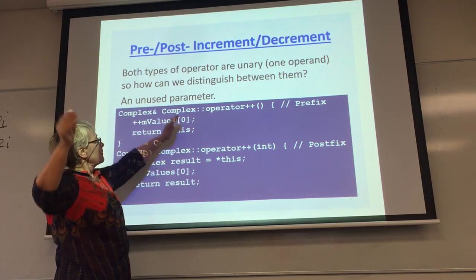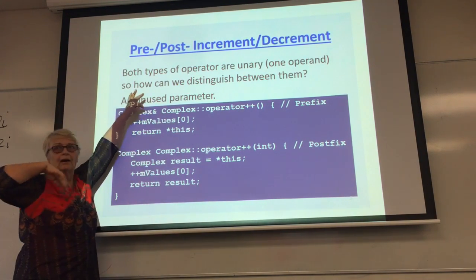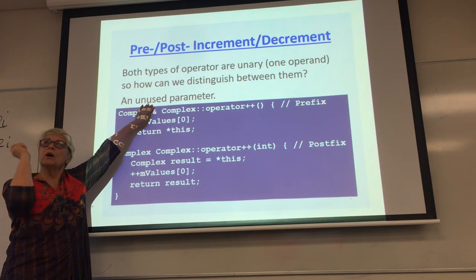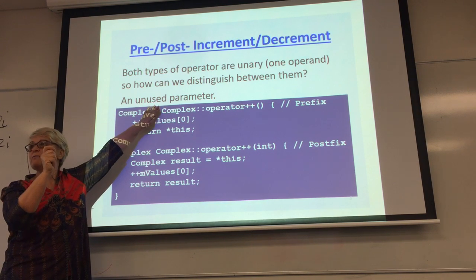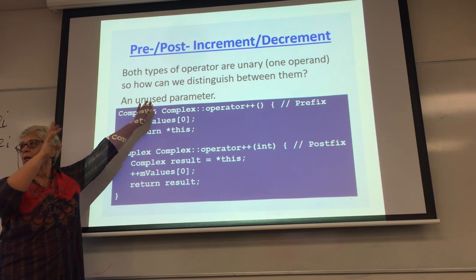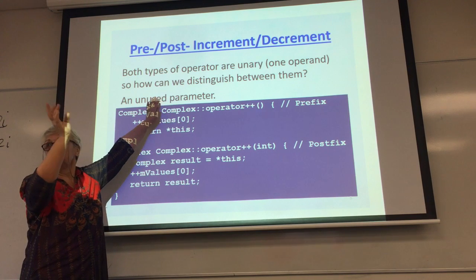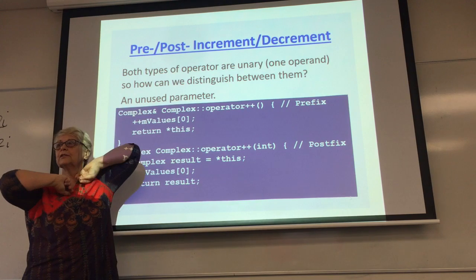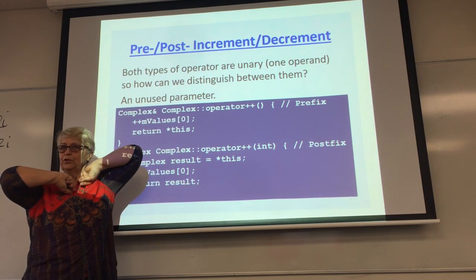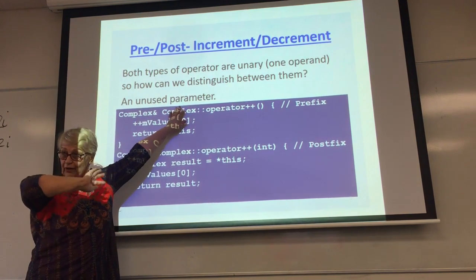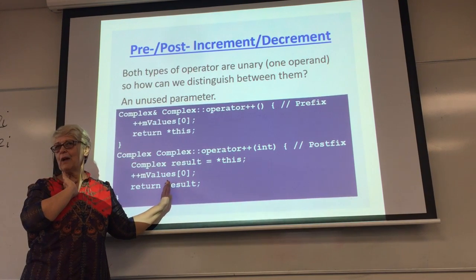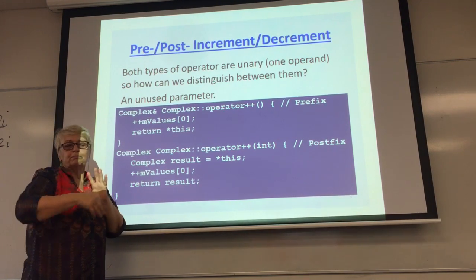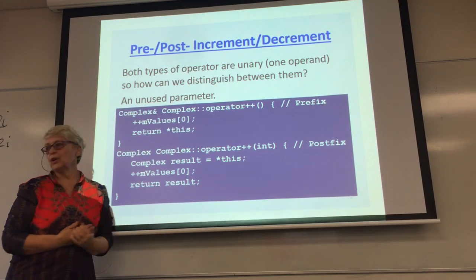And to make our type efficient and consistent with how these operators are implemented for native types, int, Boolean, and other types, it has to return reference type. So be aware, the prefix returns reference type, the postfix doesn't, because post increment is not allowed to be applied several times.